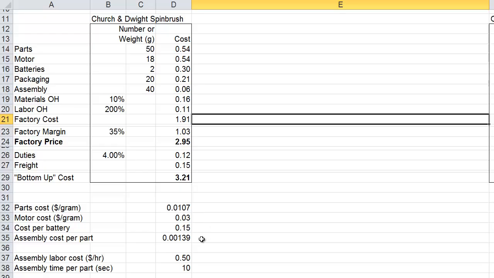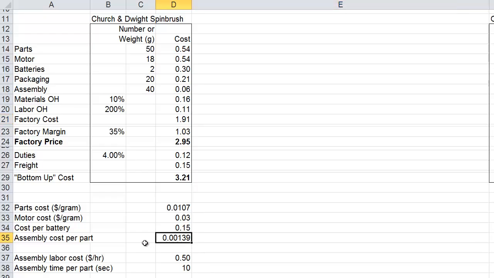I then have to make some assumptions about assembly cost. In this case, what I do is I take an assembly cost per hour, which in China is about 50 cents per hour, half a dollar per hour. And then I assume that each assembly operation takes about 10 seconds.